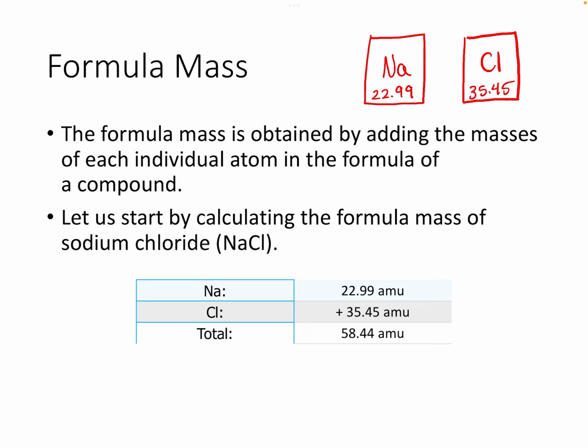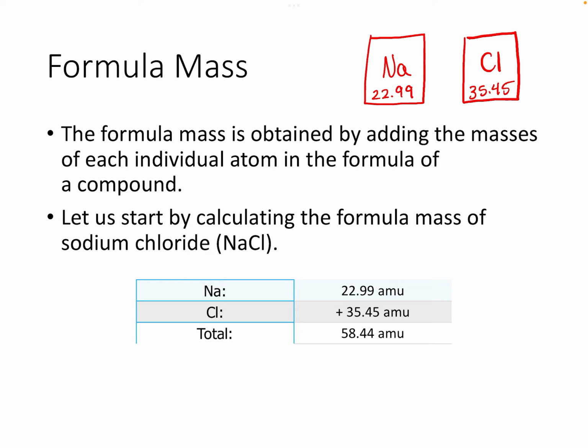35.45 atomic mass units. Now, some versions of the periodic table will give you 4 significant figures. Some will give you 5. So just go with what your periodic table gives you, and you'll still get a very, very similar answer, even if you have 5 sig figs versus 4 sig figs.